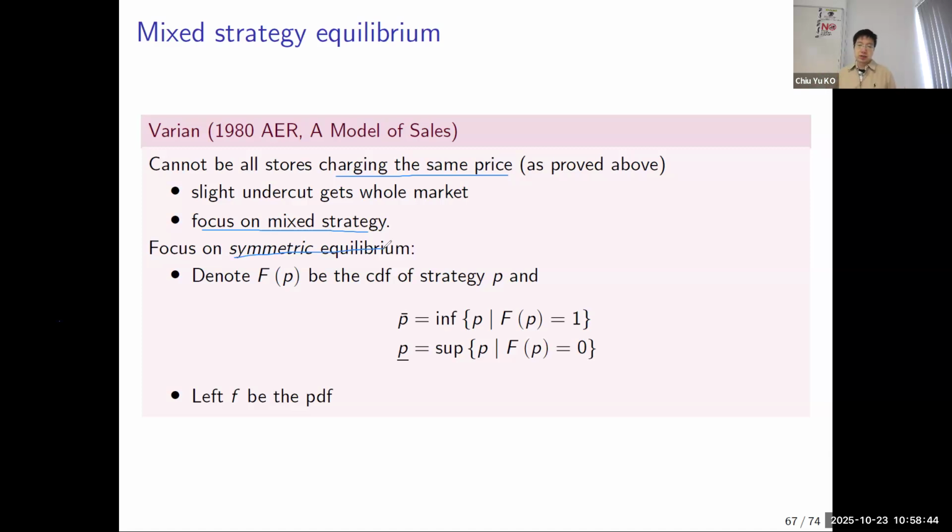Of course, you don't have to, but I just make it simple. And because everyone is the same, I can describe the strategy by the CDF, because of probability, right? And the infimum will be the lowest price, the supremum the upper price, right? So that is the idea. Okay, and let f be the PDF.